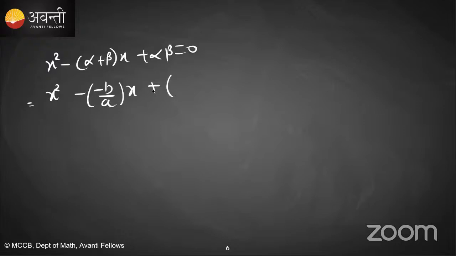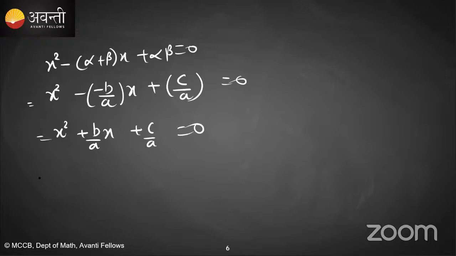Alpha into beta is product of root, which is c by a. See, what is this? x square plus b by a into x plus c by a is equal to 0. Take the LCM. ax square plus bx plus c is equal to 0.